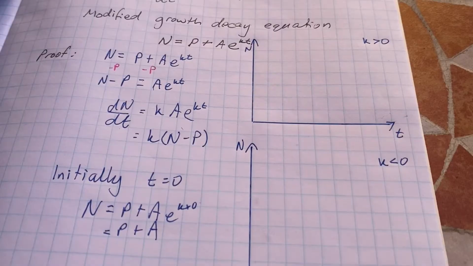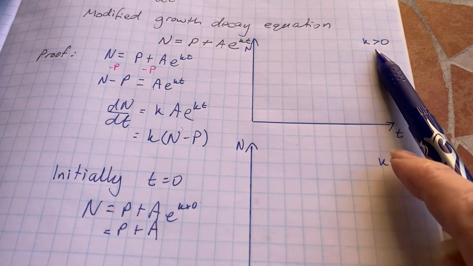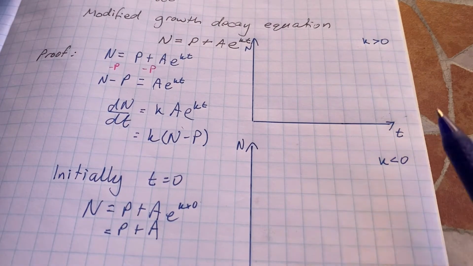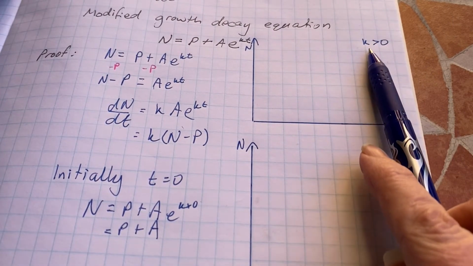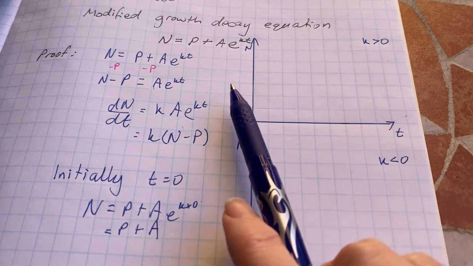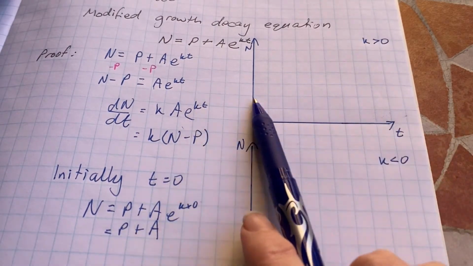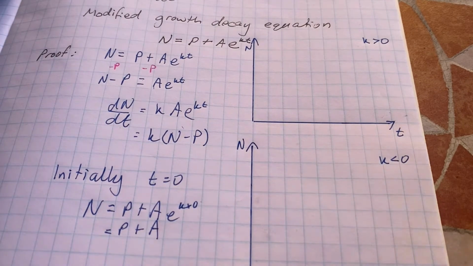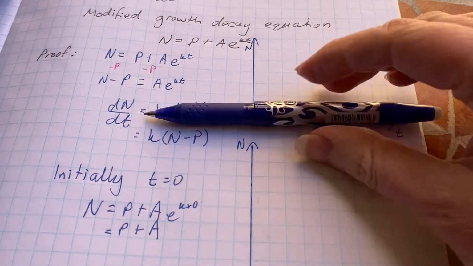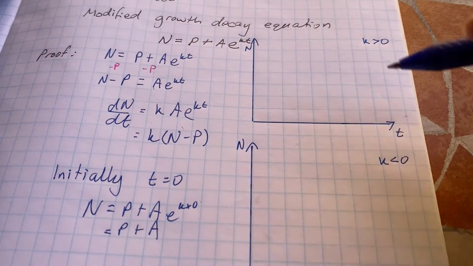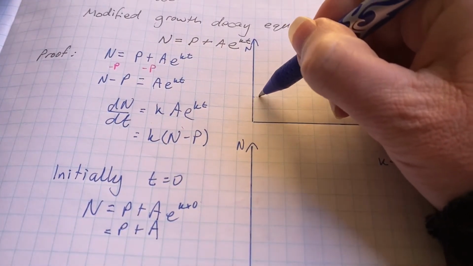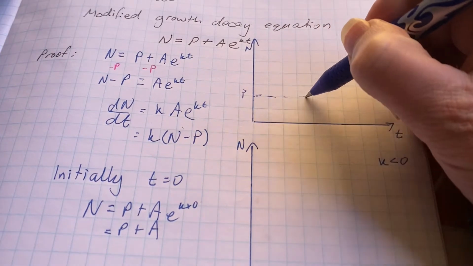I'd also like to look at the graphs of this situation. When k is positive, that's when we've got growth, remember. When k is negative is when we have decay. So in this situation, as our k is a positive number, we are going to have a positive exponential value, but it's shifted up by P. So instead of the x-axis being the very bottom of the graph, we would actually have this P value as being the bottom.